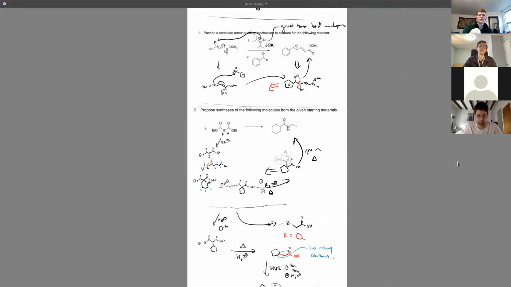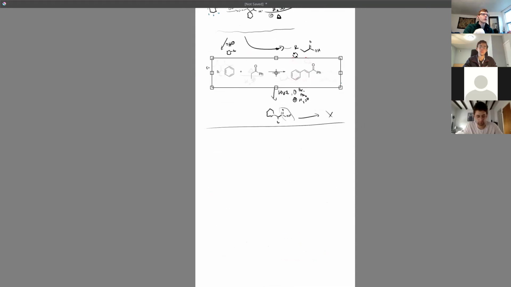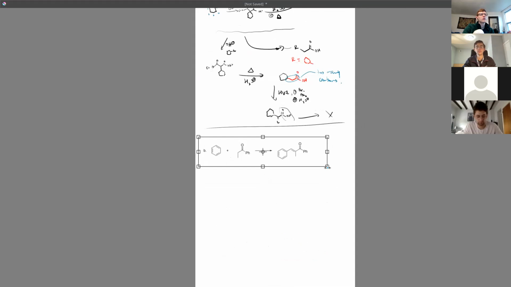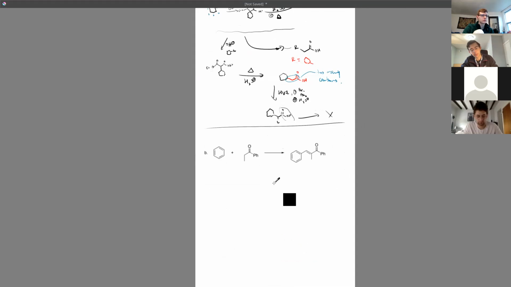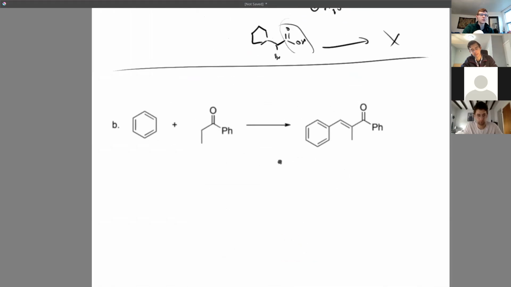Oh, oops, I just pasted in the same one. There we go. Is this a mechanistic one or just synthesis? Synthesis.